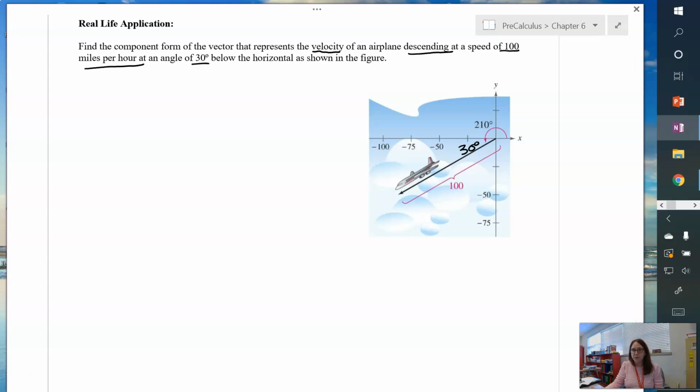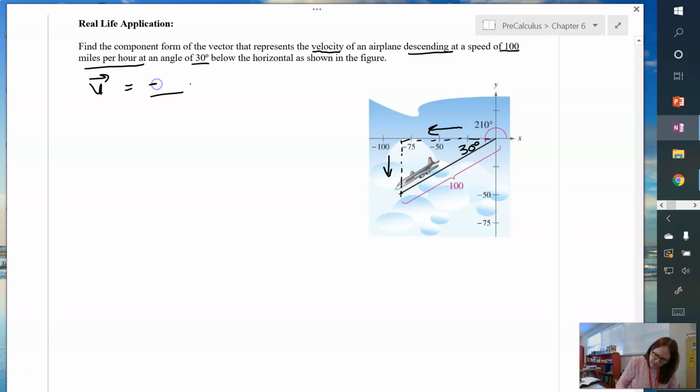And we're trying to break this into the component form, which means I'm going to have a vertical component here and a horizontal component here. My horizontal vector is going to go that way. My vertical vector is going to go that way, which means that I'm going to have a negative coefficient in front of i. So my final vector is going to look something like this.